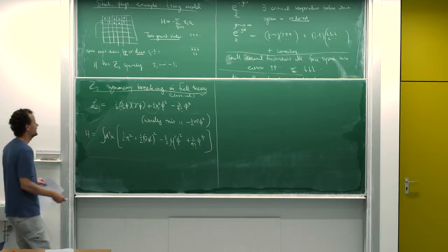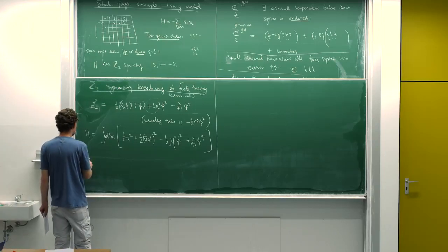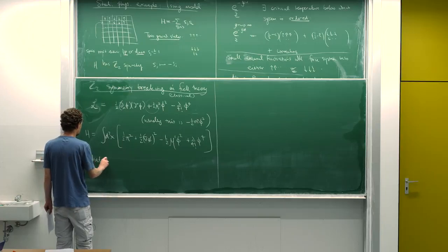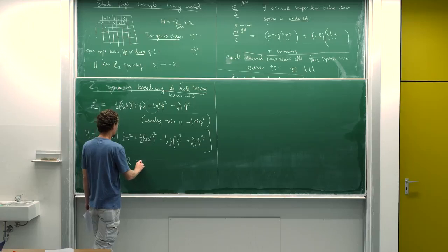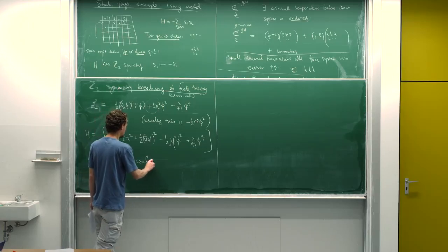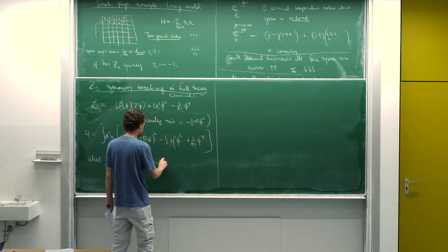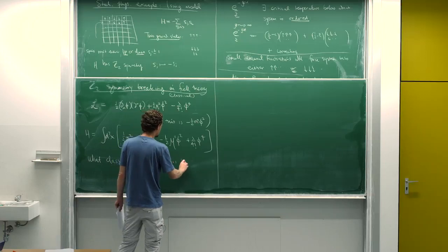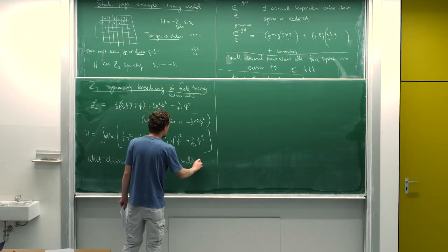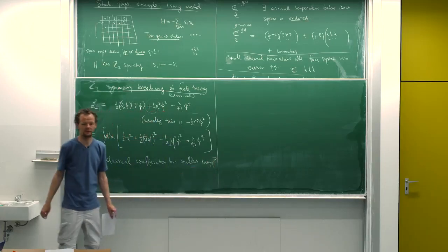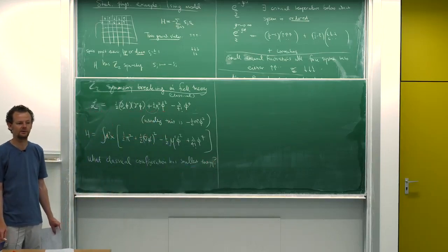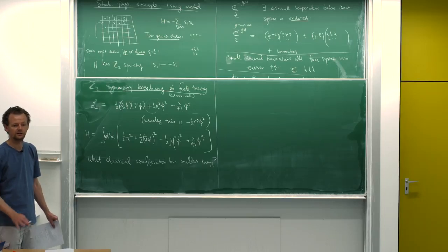Now, what we want to look at is, let's ask the question, what's the field configuration that has the smallest energy? This is all classical.